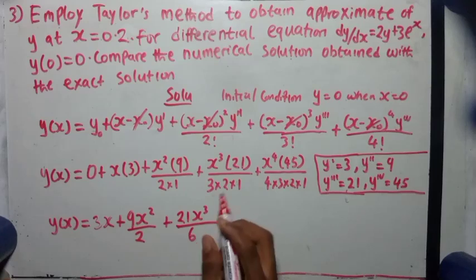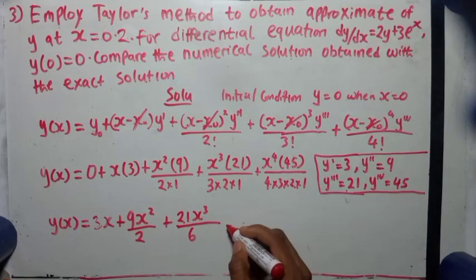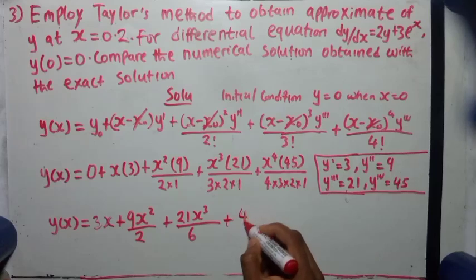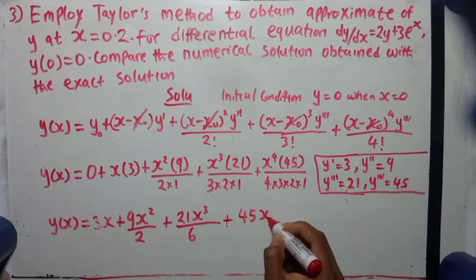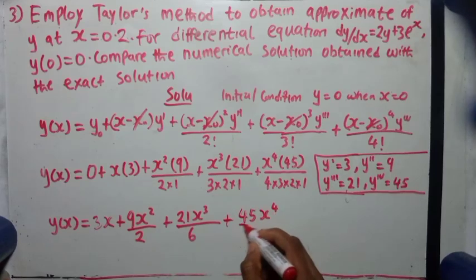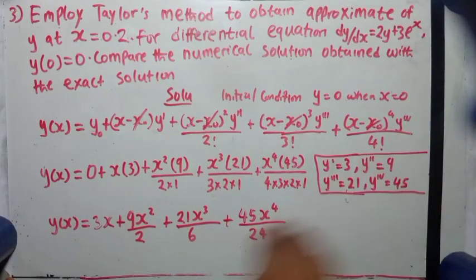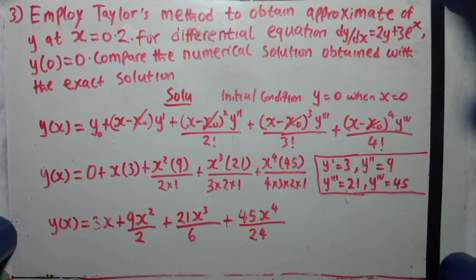Something can cancel out here. Plus 45x raised to power 4 over 24. Okay, now we have finally reduced the whole of this to this. So let us rewrite this.